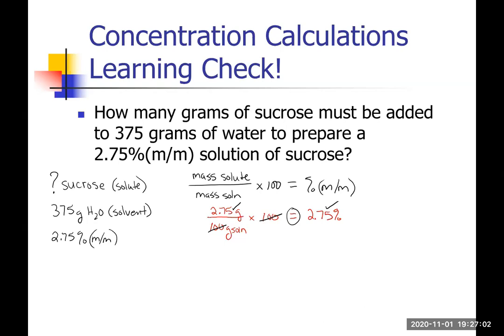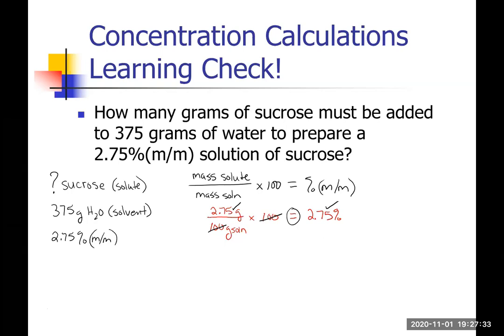Now I'm after the solute. That's what I'm interested in. What I have to start with, though, is the solvent. And so I somehow need to be able to cross-cancel solvent and get to solute, which means I need some kind of a conversion factor that gives me a ratio between solvent and solute. And I actually have one. I've just gotten one together.